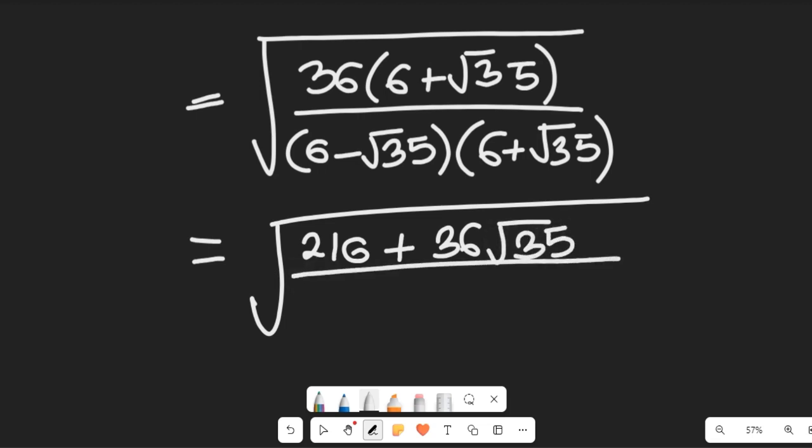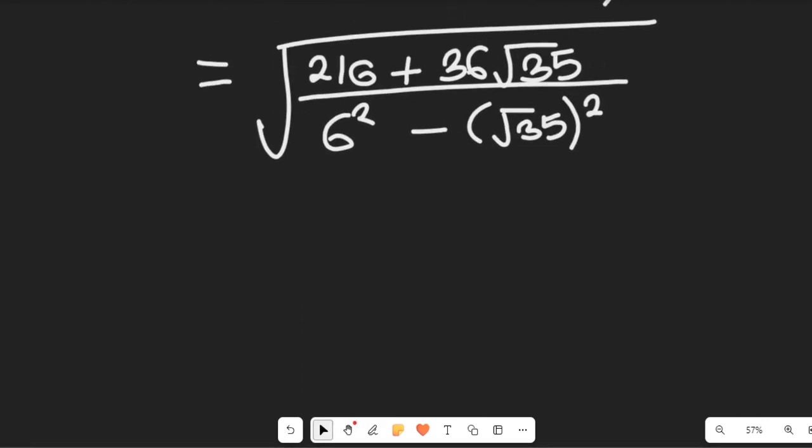And all of this is divided by, this is more of a difference of two squares. So what I'm going to do is take the square of 6, minus the square of the square root of 35. Great. From the next step, you'll find out that I can simplify this expression.